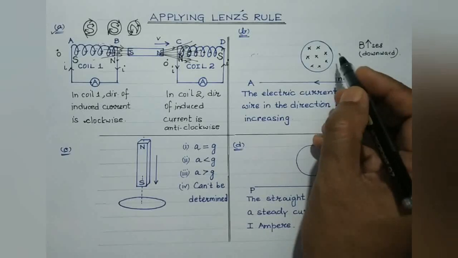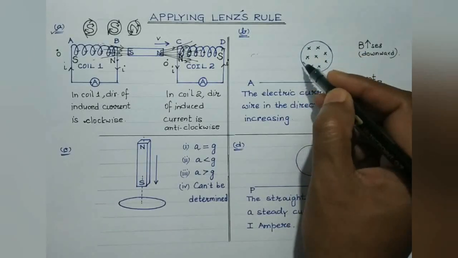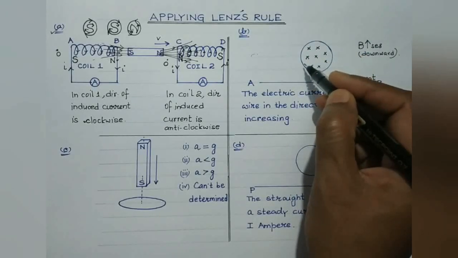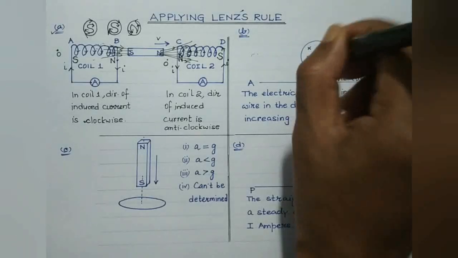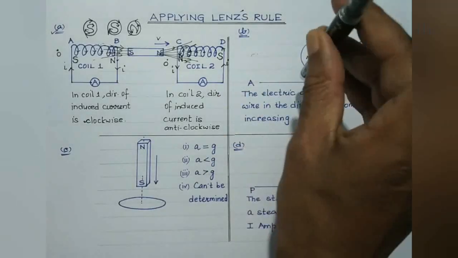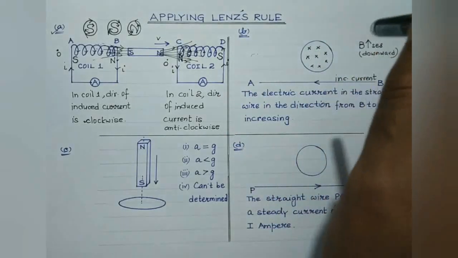So it should have its own magnetic field due to the induced current, in the upward direction, isn't it?